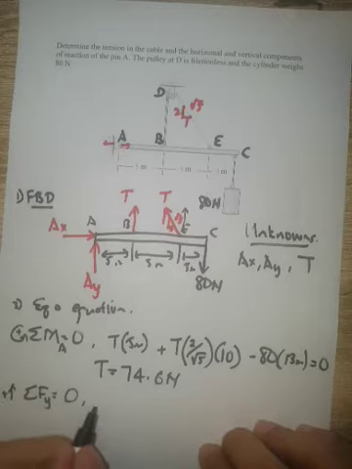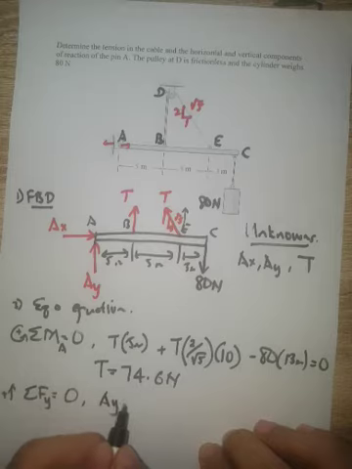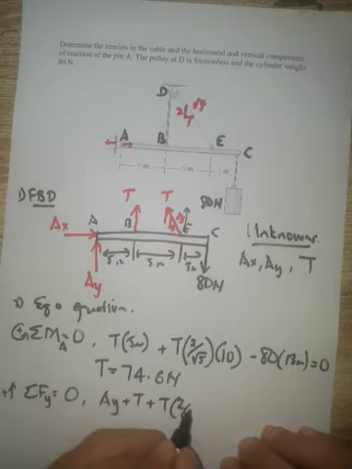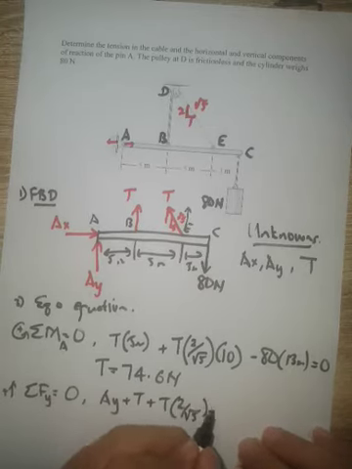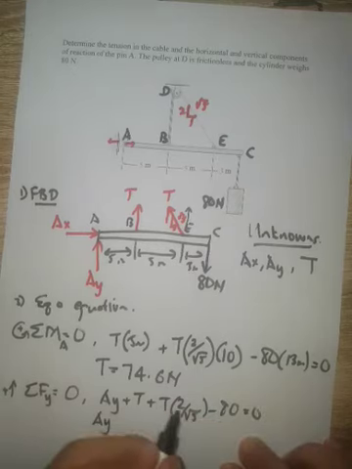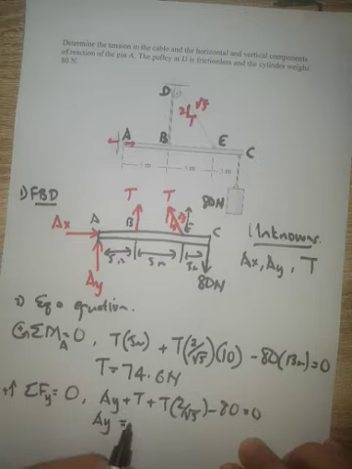So we have first positive AY, plus T 2 over square root 5, minus 80 equal to 0. So from here we can get AY by substituting T into this equation, then AY equal to 33.4 Newton.